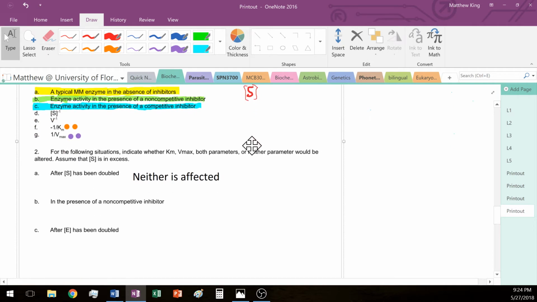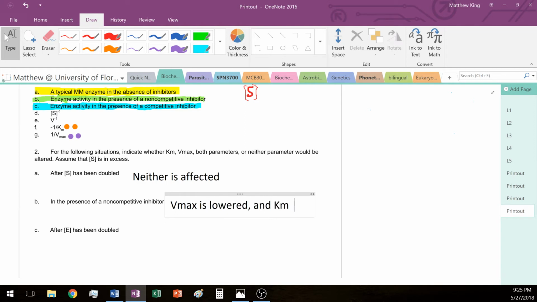So if the non-competitive inhibitor is present, then what's actually going to happen is that Vmax is lowered, and Km is unaffected.